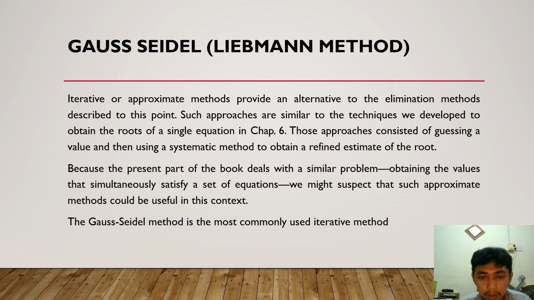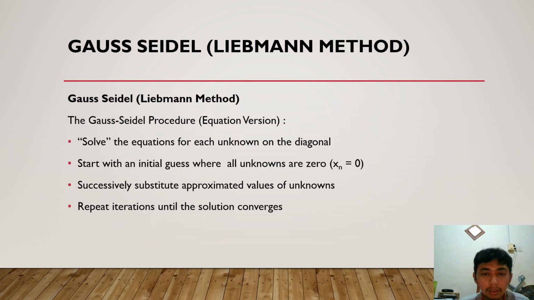The Gauss-Seidel method is the most commonly used iterative method. These are the step-by-step procedures for doing Gauss-Seidel. First, we solve the equation for each unknown on the diagonal. So we just take out the diagonal of the matrix. I will explain it more specifically in the example slide.